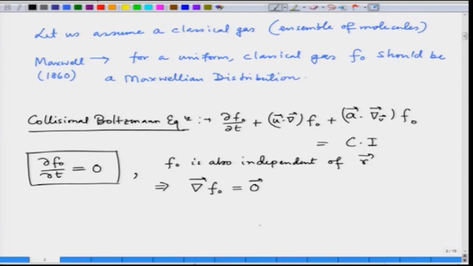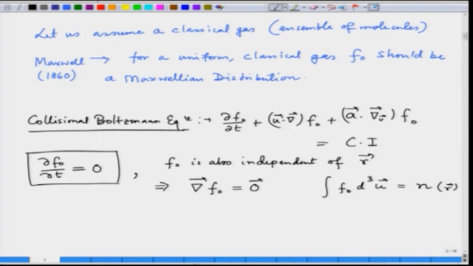It simply says that if f0 is a function of R, then you all know that when f0 is integrated over velocity space, it will give us the density, and if there is an R dependence, then the density will also have an R dependence. That means a uniform gas will no longer be uniform, right.